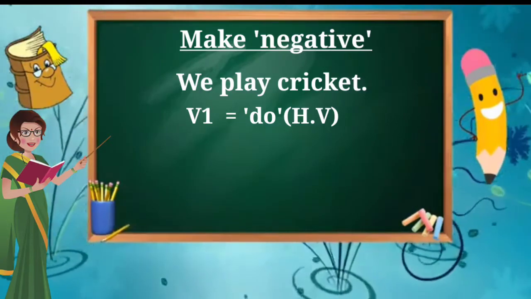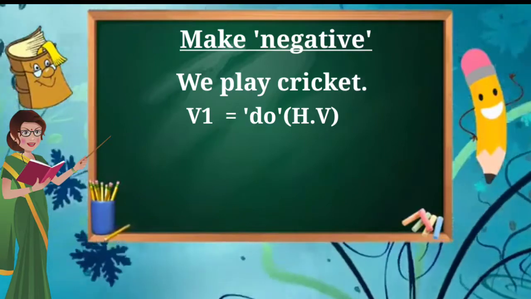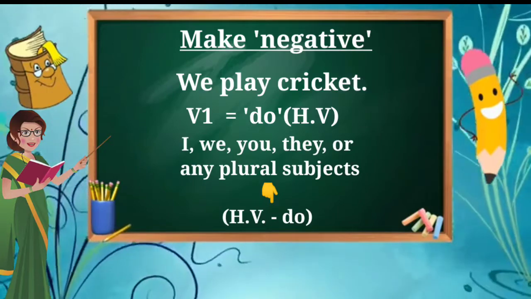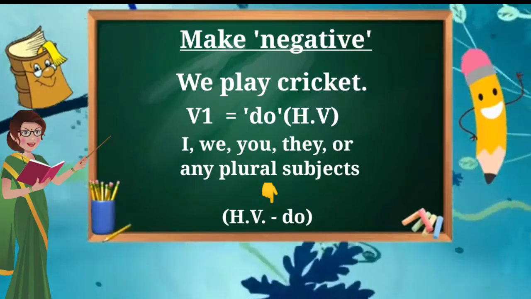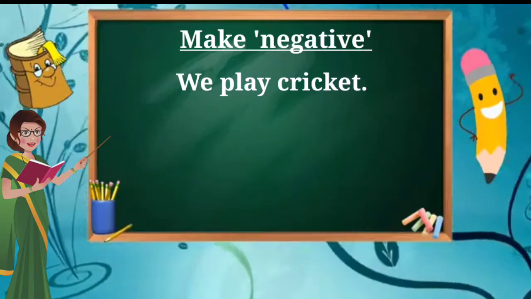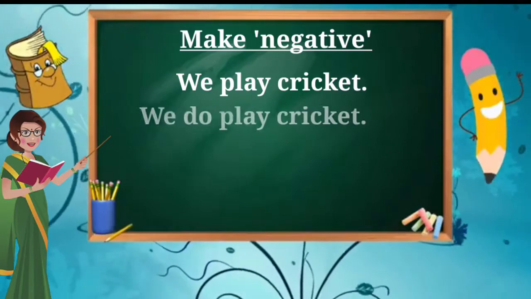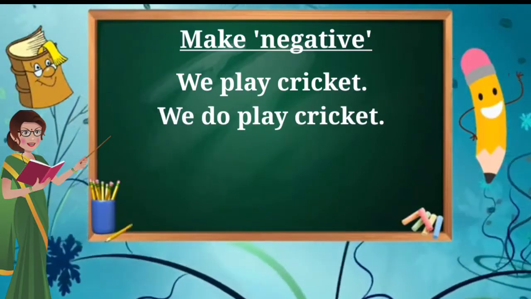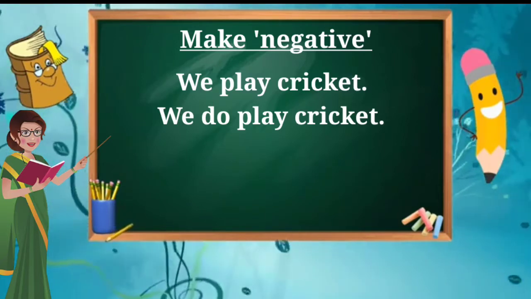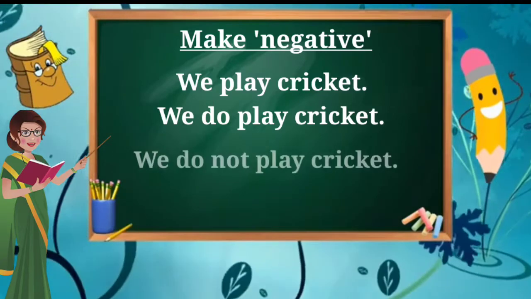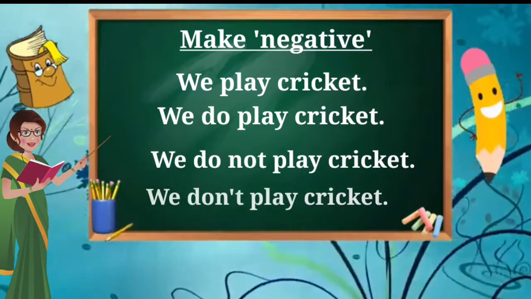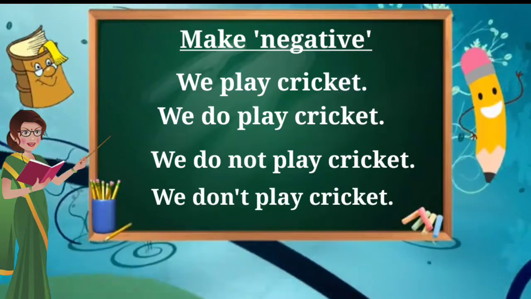Or another trick is that if a sentence begins with I, we, you, they and any plural subject, we can use do as a helping verb. So we play cricket means we can write we do play cricket. Okay, so here we got the helping verb do. Now make it negative. We do not play cricket. In short, we can write we don't play cricket.